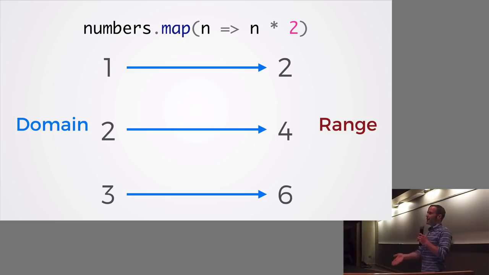And just to tie this back to what we discussed with the mathematical roots of this, we can see that we're mapping from a certain domain, a subset of 1, 2, 3, to a range subset of 2, 4, 6. So this is a very declarative style, and it makes our programs more predictable because we know they're pure, we know that they are written in a declarative fashion, we can reason about them better.